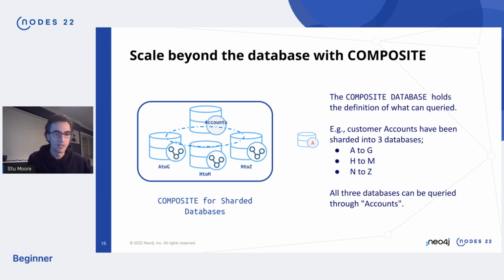You could do it in a range there, and then you've got H to M and N to Z. Each of these can scale within their own databases. And you're able to access all that data by querying the composite database Accounts. Accounts holds a reference to each of those three shards.